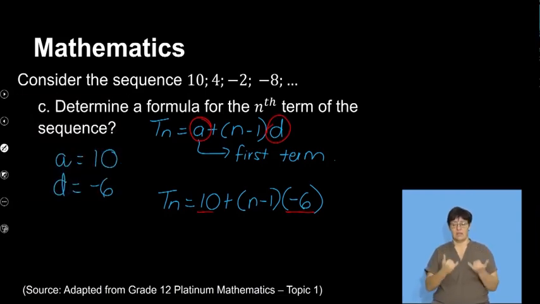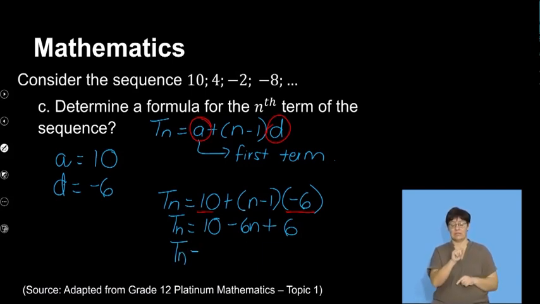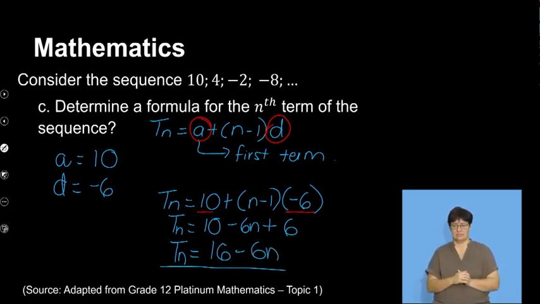I'm now going to simplify. So I'm going to have Tn is equal to 10 minus 6n plus 6. Simplifying one step further, the general term will be equal to 16 minus 6n. So that is the general term for my arithmetic sequence.